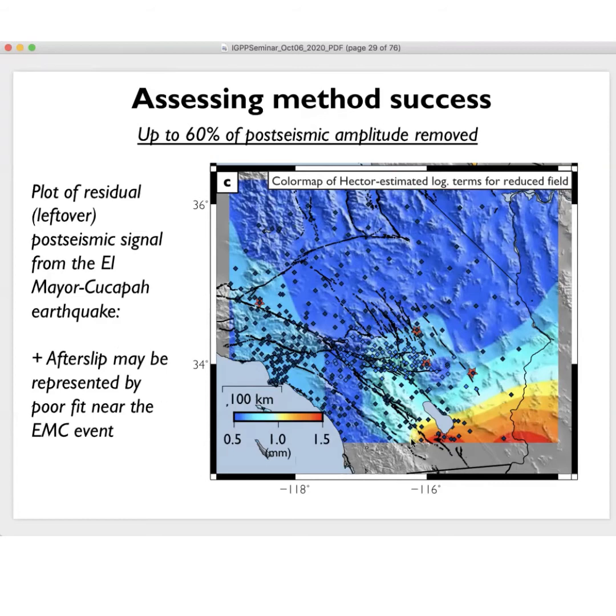That's our hypothesis when it comes to this particular color map. But overall, we're able to remove up to 60% of the post-seismic amplitude with this methodology, which we feel pretty encouraged by. We're pretty happy with that.